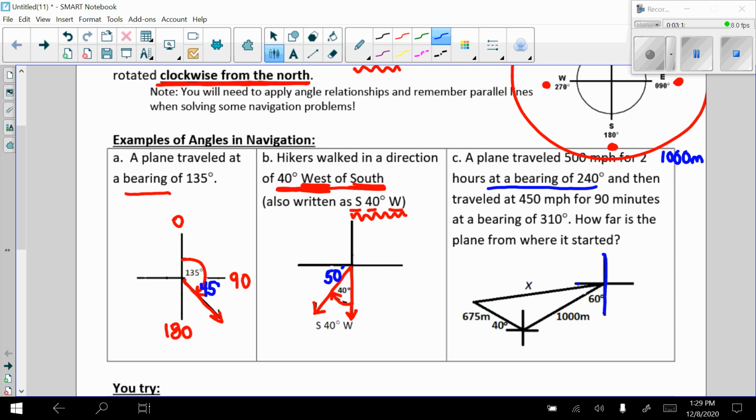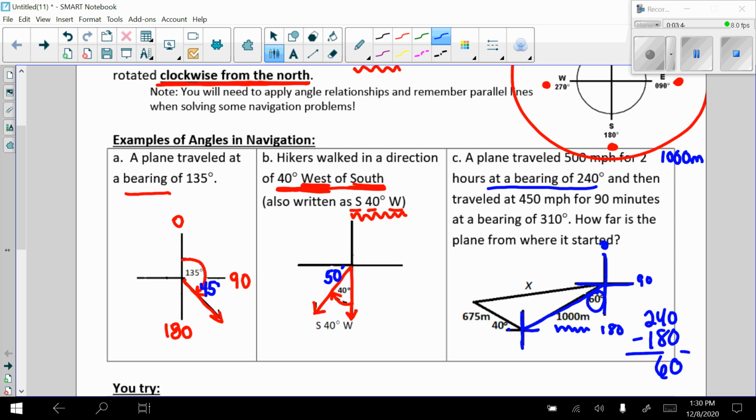Here's the starting point: 0, 90, 180, and here's 240 degrees, for 1,000 miles. If you think about it, 240 minus 180 gives us this 60-degree angle right here.